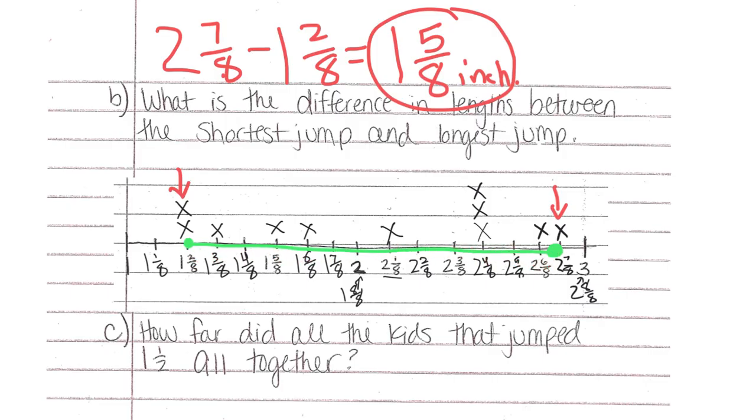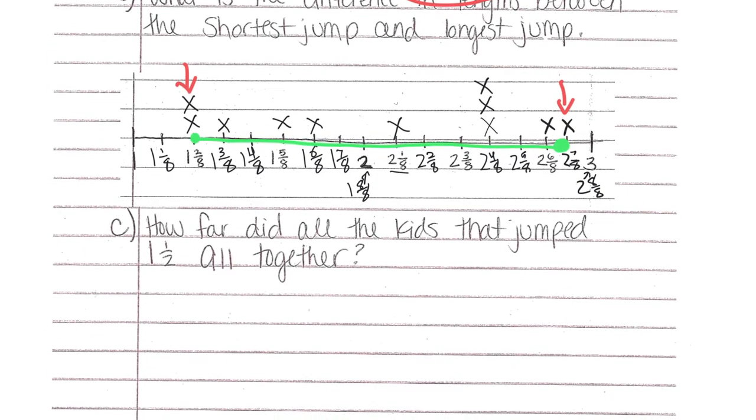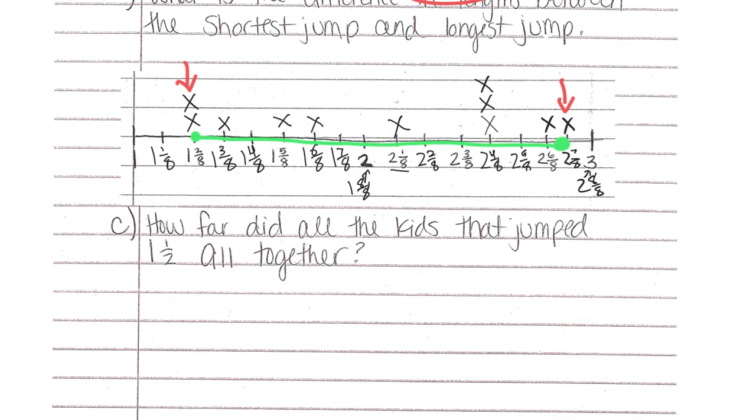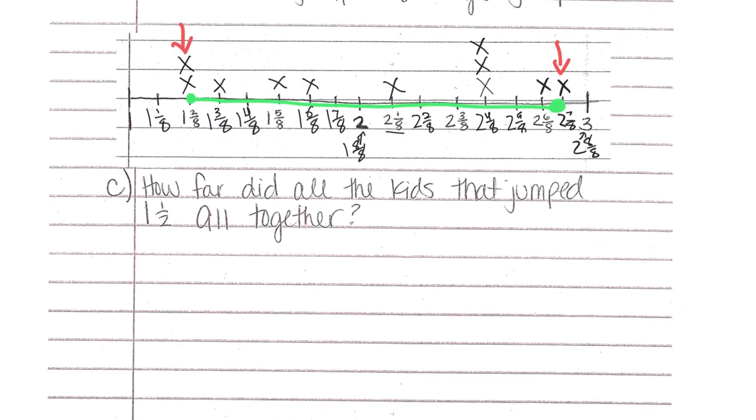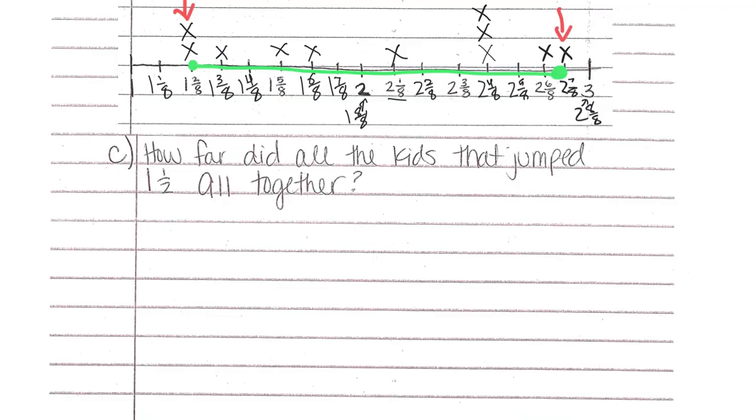Okay. The next one says, how far did all the kids that jumped, oh, wait, hold on, let me read this again. How far did all the kids that jumped 1 1/2 inches jump all together? So how many kids jumped 1 1/2? Well, do we remember which one of these numbers is 1 1/2? If you can't remember that strategy that we did on the previous page, I'm going to do it again for you.